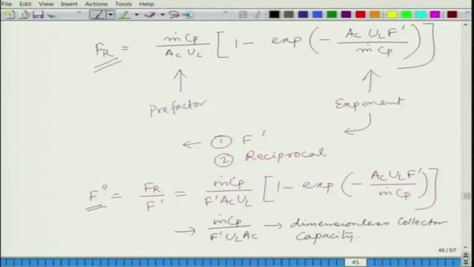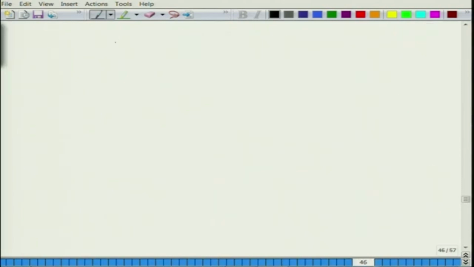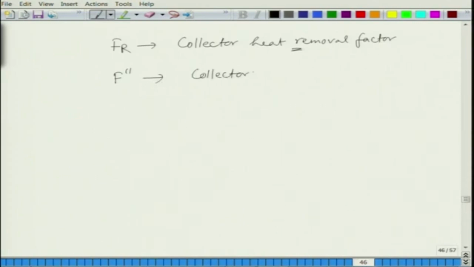Okay. So, first thing, these new factors, let me just tell them what names we call them by. F R is called collector heat removal factor. Okay. So, this subscript R stands for removal. And this F double prime is called collector flow factor.